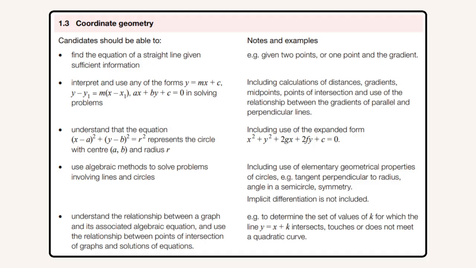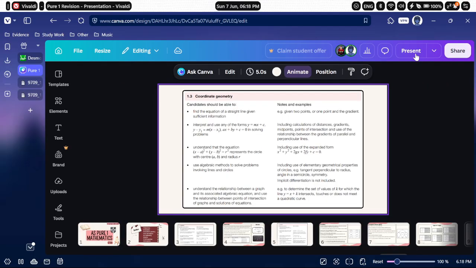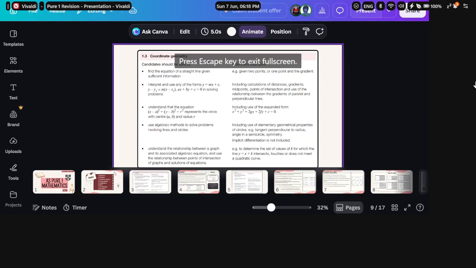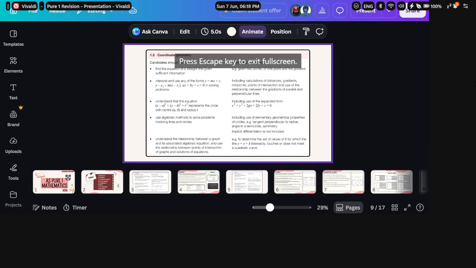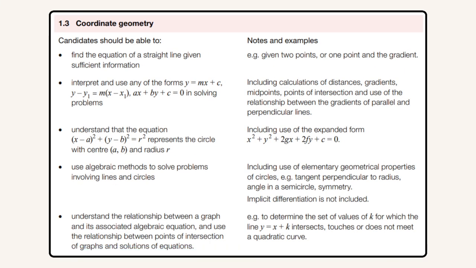Okay, then moving on to coordinate geometry. I'll be sticking to a and b as the center. People even use p, q, or any other letter, whichever is suitable. I find a and b the best.